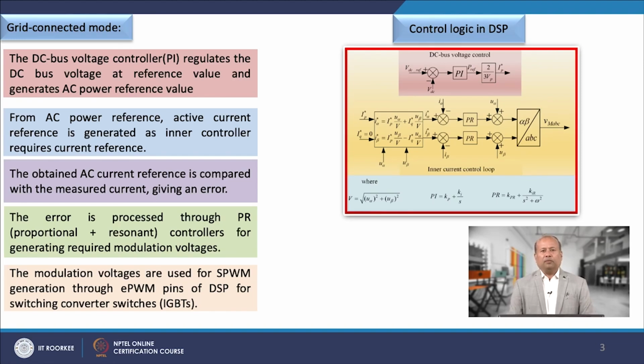The modulation voltages are used for SPWM generation through EPWM pins of the DSP for switching converter switches, commonly IGBTs. The control variables of the PI controller as well as the PR controller can be obtained through proper tuning, ensuring that the stability margin should be more.